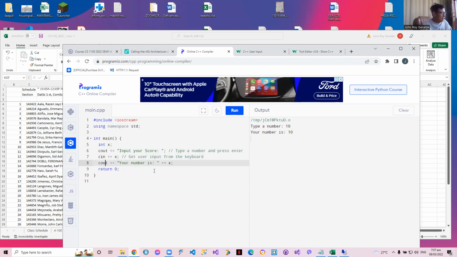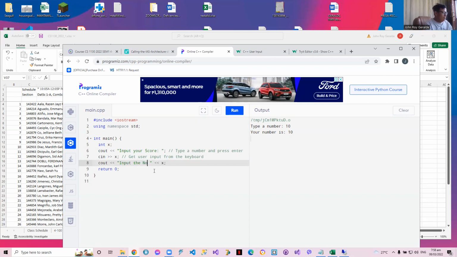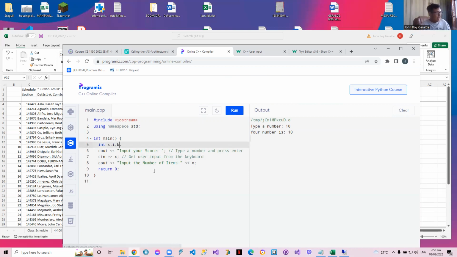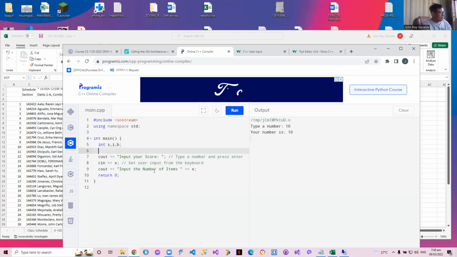Then we do a cout again. Shall we call this int score, items, base, okay? And grade. Float ba? What's grade? Double or float?